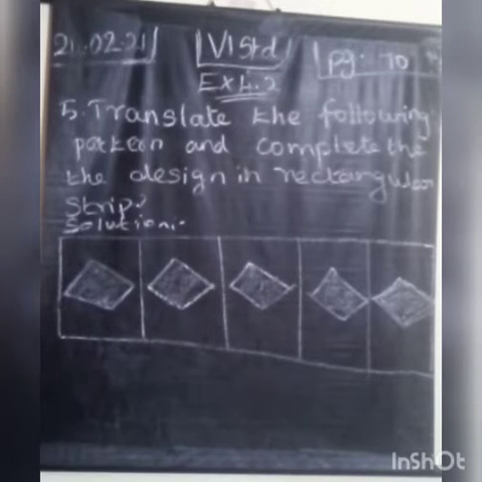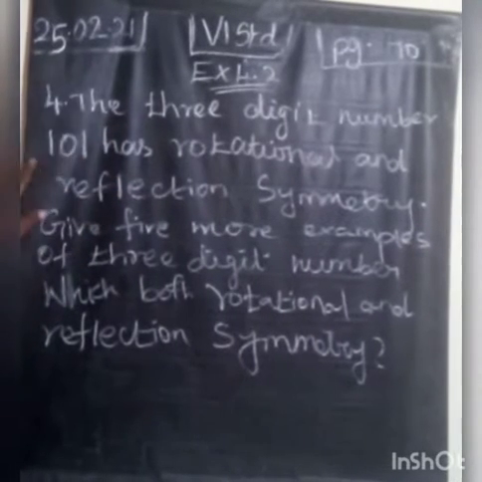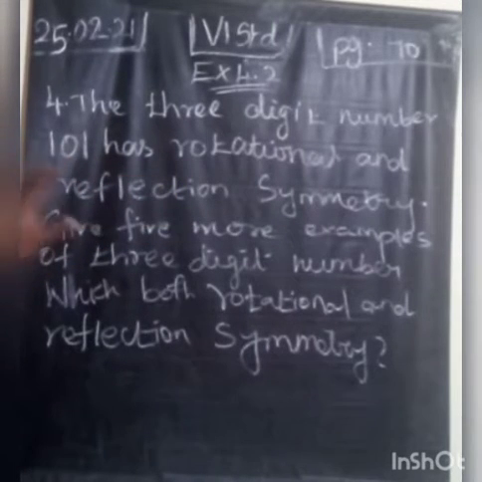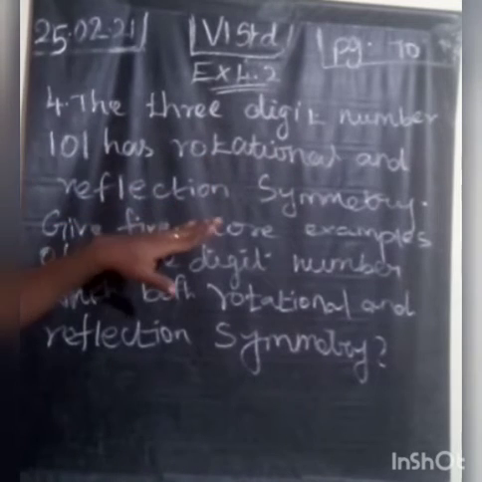So this is the way to translate the given pattern and complete the design in rectangular stripes. Next problem, question number 4. The 3-digit number 101 has rotational and reflection symmetry.